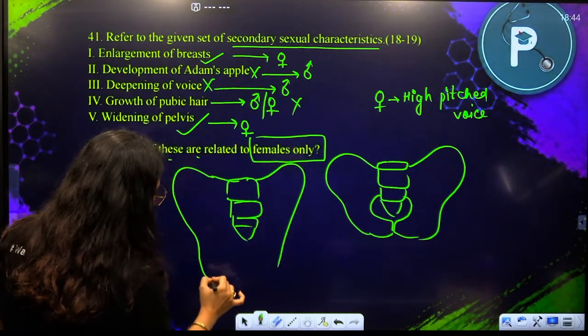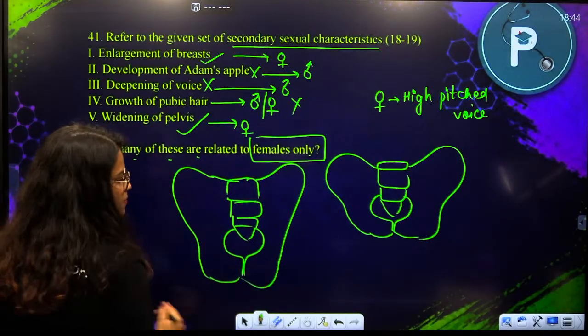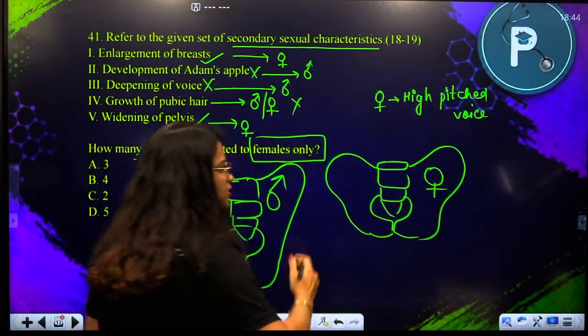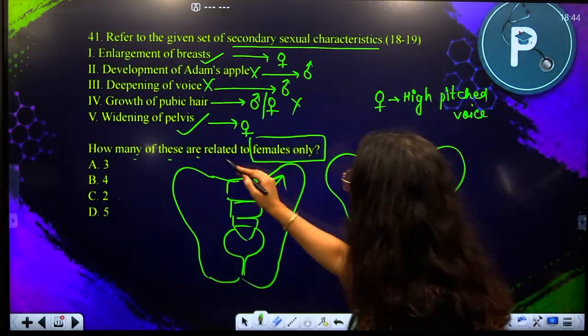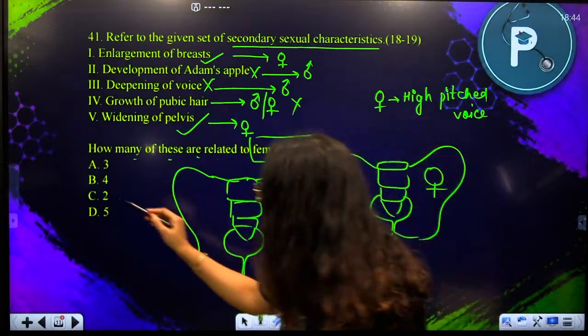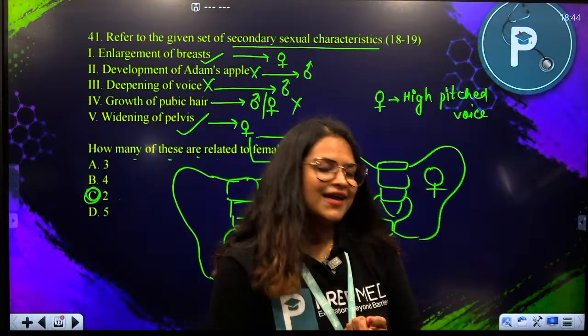So they have an elongated pelvis. So this is in case of a male, this is in case of a female. So they have much more wider, they have much more narrower and longer. So how many of these are related to females only, and only 2. So option number C is going to be the right answer.